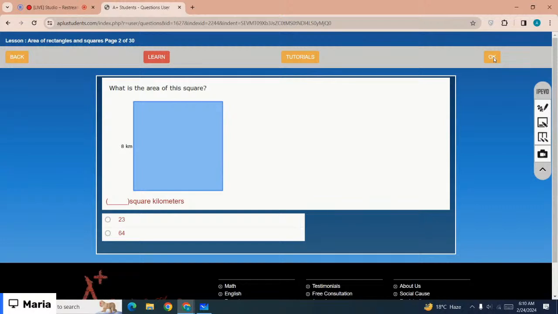So 4 times 8 is 32. So no, sorry, side times side you have to do. For the square you have to do side times side. So you have to do 8 times 8, and 8 times 8 is 64, right? The correct option is 64.